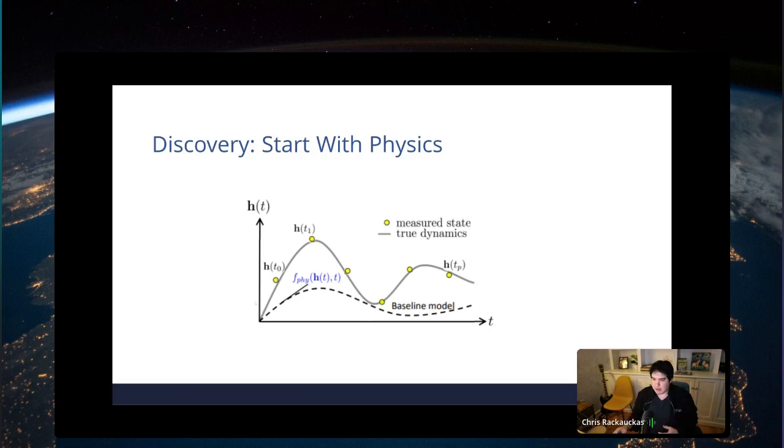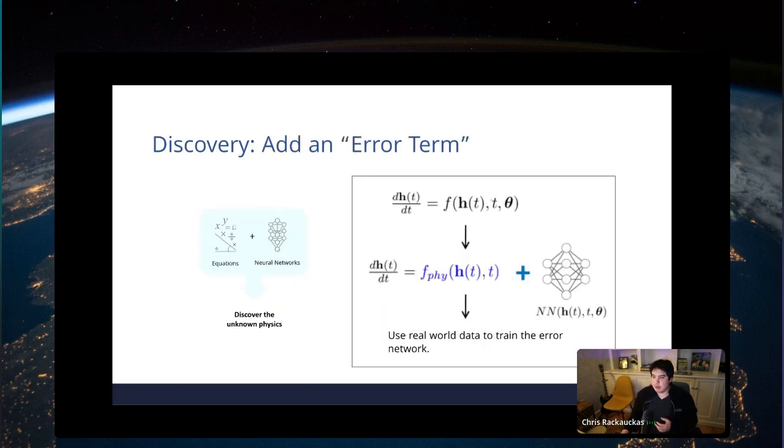So let's say you build your model, you solve your equation, and you check it against real data. You don't actually have a fit, right? Your solved model is very far away from your data. One of the things we've been showing in the ODE space is that if your model is far away from the data, you can take your physical model, extend it with neural networks, and use that to find out what's wrong about your model.